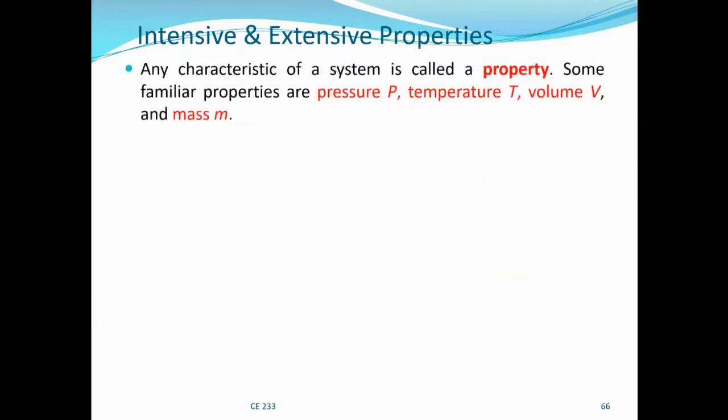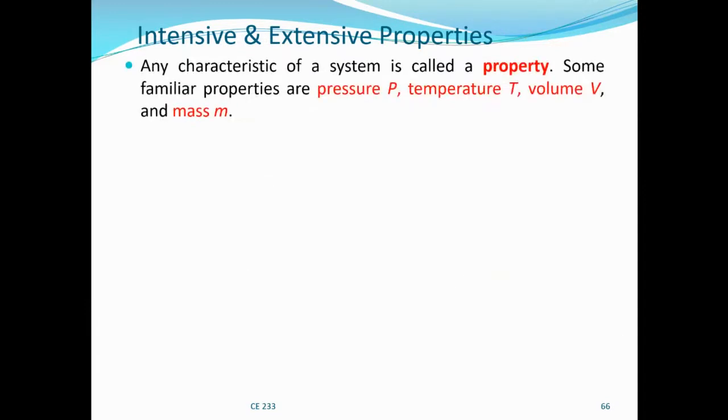Okay. Now, intensive and extensive properties. Any characteristic of a system is called a property. This we explained before, I think, in chapter 2. Some familiar properties are pressure, temperature, volume, and mass, m.